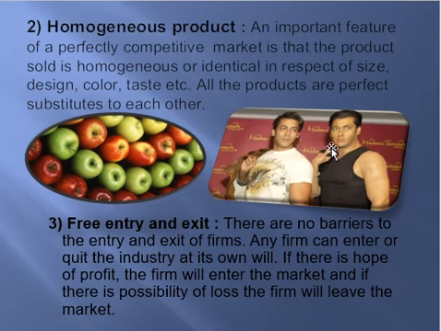Another example of homogeneous product is that of a wax statue of Salman Khan. It looks very much identical. We all know Salman Khan is one and the only person. He has no duplicate like this. So it is his statue, which we can say that they both are identical.